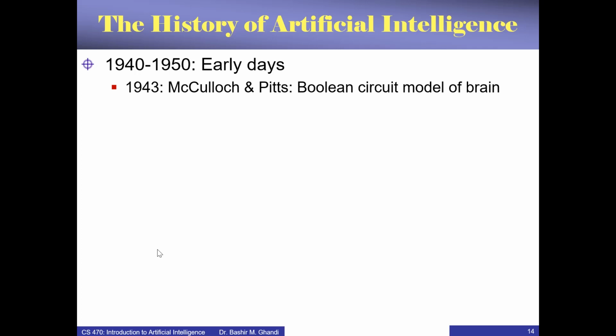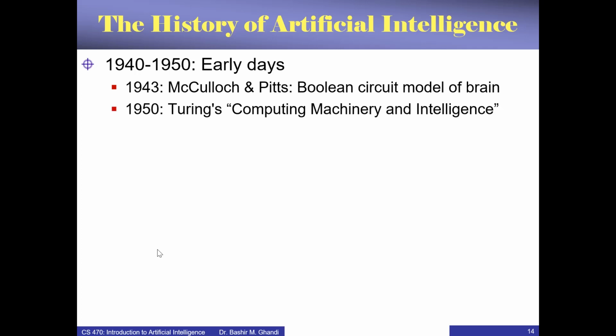They proposed a neuron that has the characteristics of being on and off, and they showed that any computable function can be represented by some network of connected neurons. They also suggested that a suitably defined network can actually learn. So this was the first time that the artificial neural network was introduced.